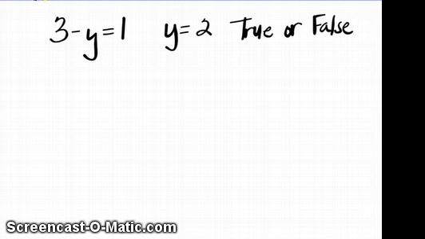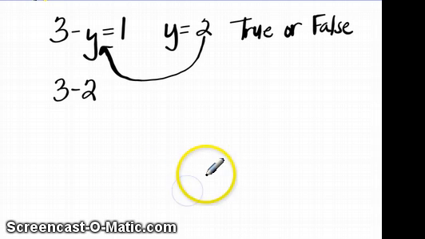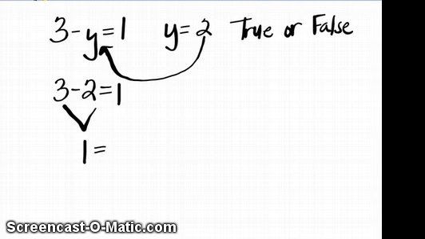So again, I'm going to put my 2 in for y, and I'm going to solve the equation. So that's 3 minus 2 equals 1. I'm going to solve this side, and 3 minus 2 is 1, and my other side of the equation was 1. So those do equal. My statement would be true.